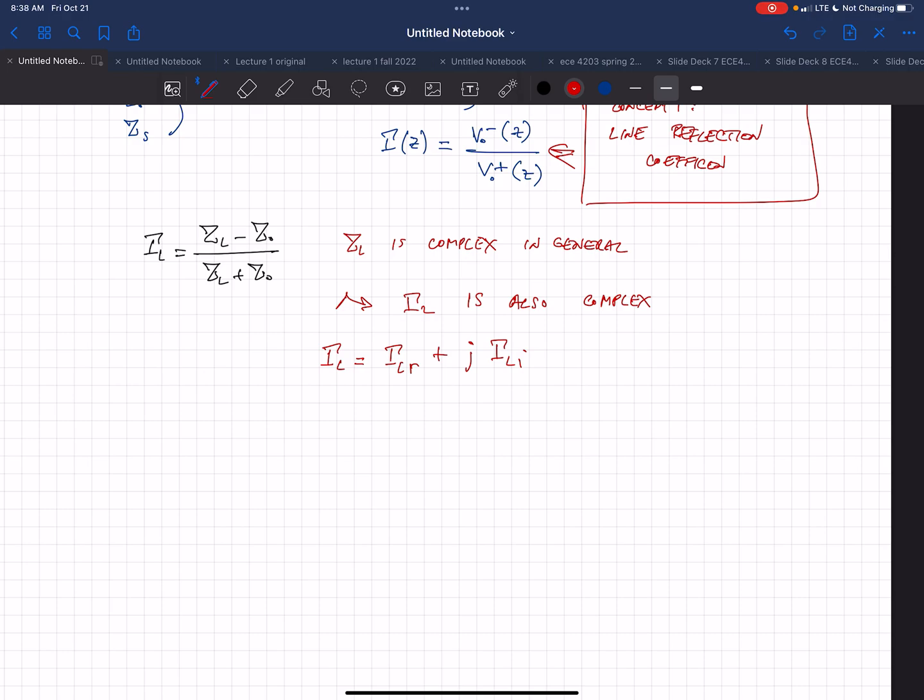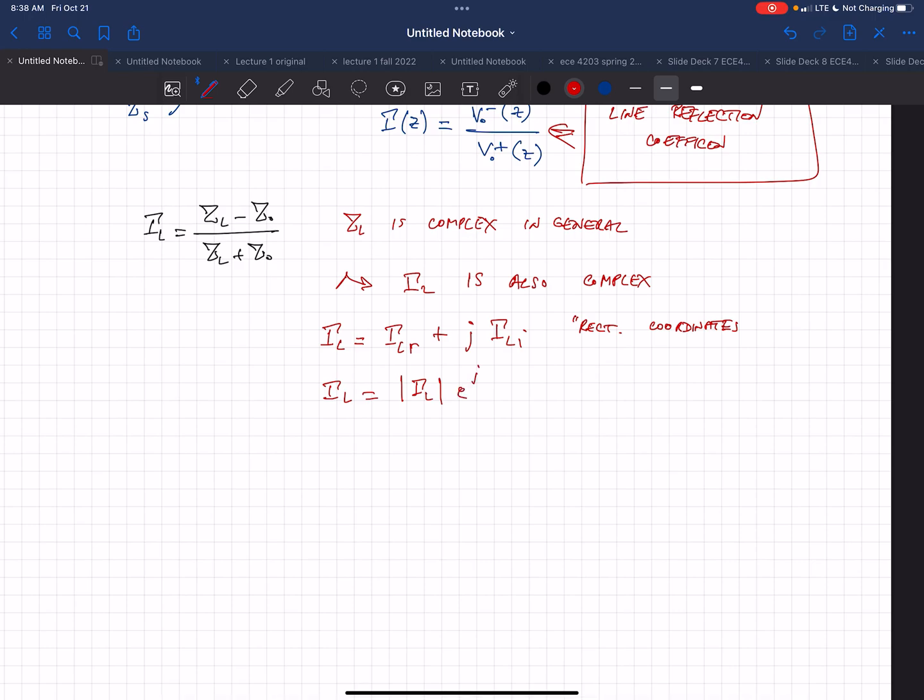That's what's called rectangular coordinates. The other way to write the same thing is in polar coordinates, which is an amplitude for gamma sub L and a phase angle. So this is rectangular coordinates, this is polar coordinates, but they're both representing the same thing.